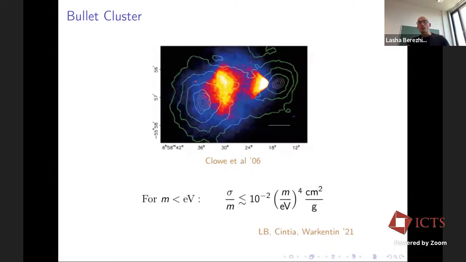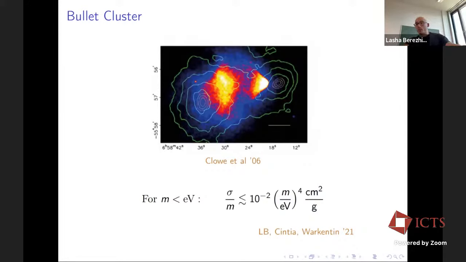So what the bullet cluster constrains in reality is the interaction rate between particles. Usually we then convert this interaction rate to a cross-section bound. Because the most popular considered model is WIMP-like particles, and for WIMPs the mass is super high, you can forget about the degeneracy factor of the interactions.